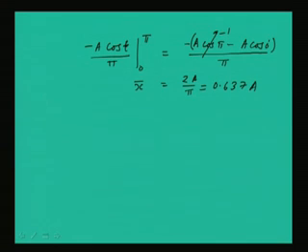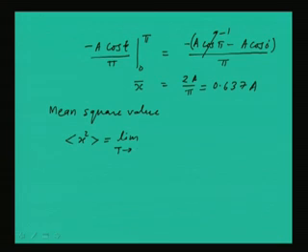Another term which we use is the mean square value of the signal. So, mean square is defined as, this is the mean square, when time period is in limit infinity, 1 by T, 0 to T, the signal squared.